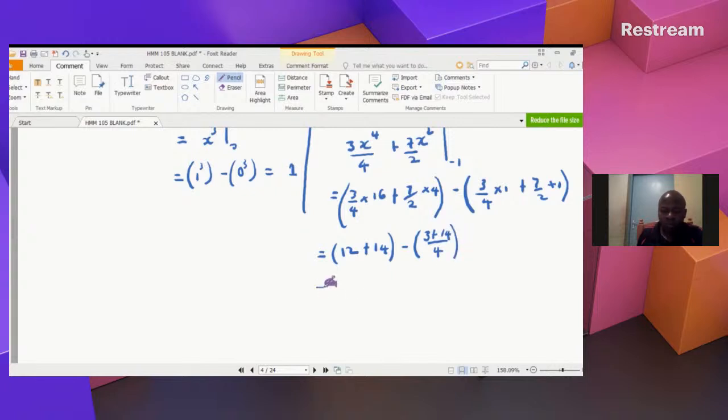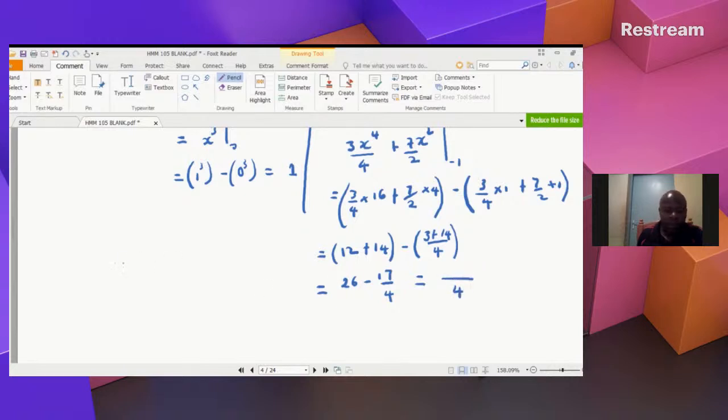So what we have, the first bracket gives us 26, and this other bracket gives us 17 out of 4.